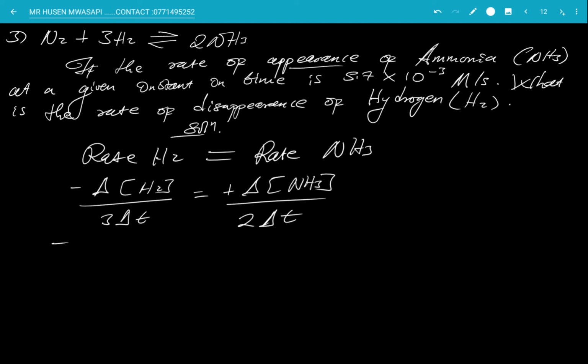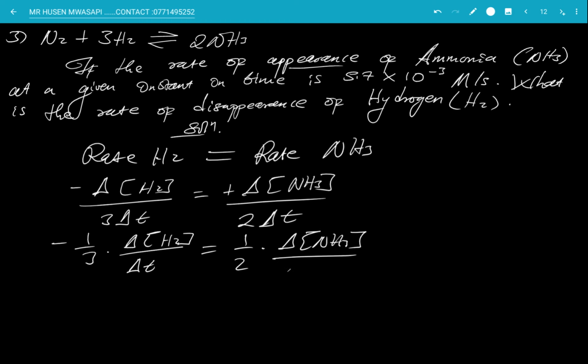Now remember, this can be separated as 1 over 3 times change in the concentration of H2 over change in time being equal to 1 over 2 times the change in concentration of NH3 over the change in time.